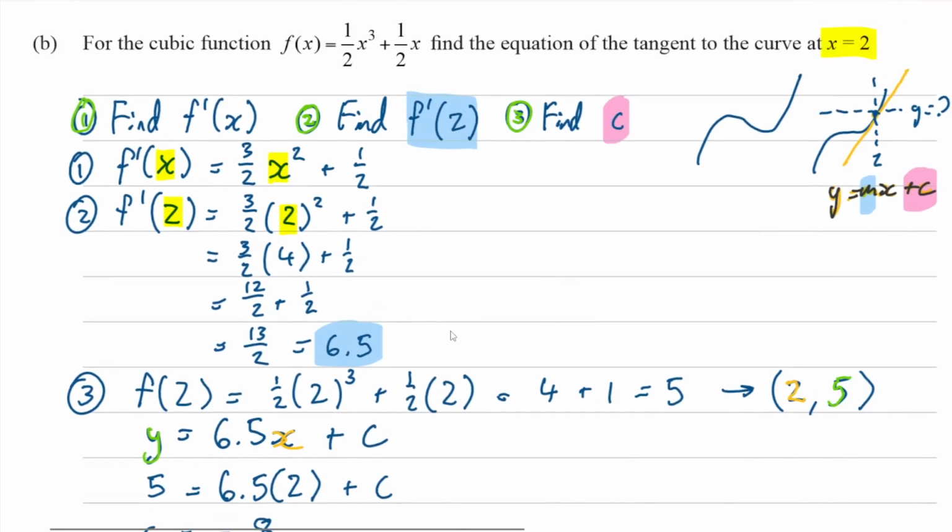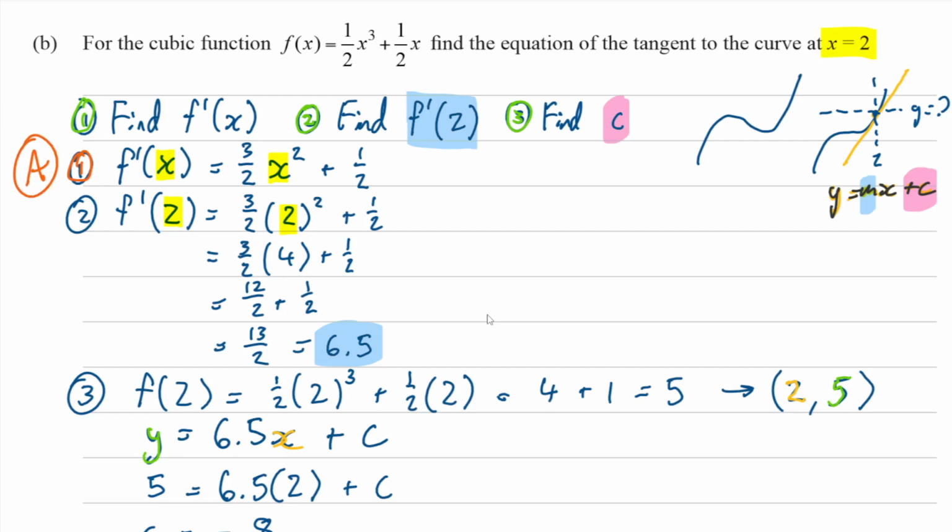Alright, so let's recap this one real quick, and actually I'll show you how to do it on your calculator to check your answer. So we were given a cubic function, asked to find the equation of a tangent at a certain x value. So step 1, we found the gradient function, and doing that is actually the achieved part, just finding the derivative.